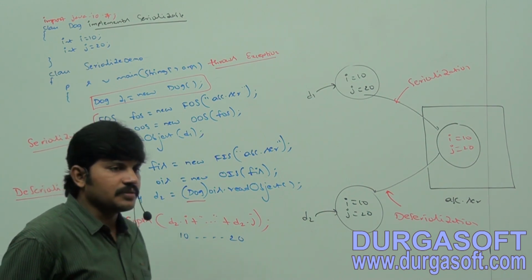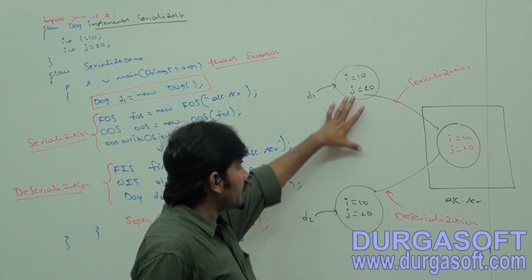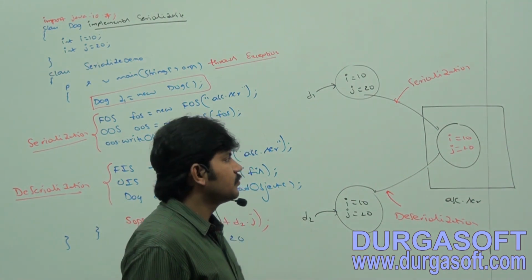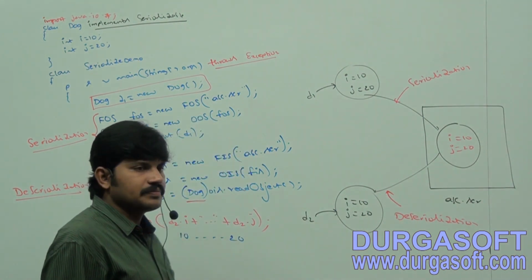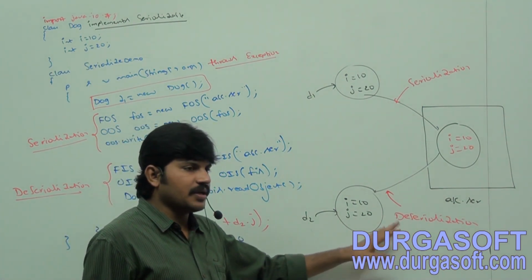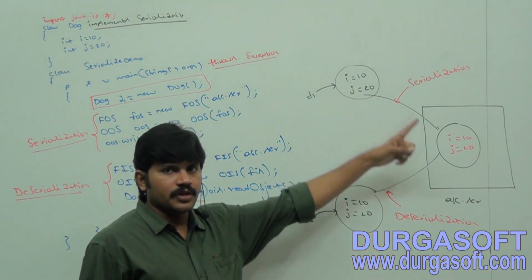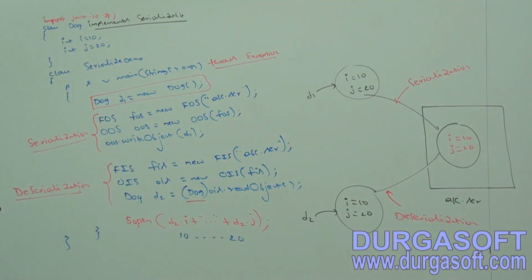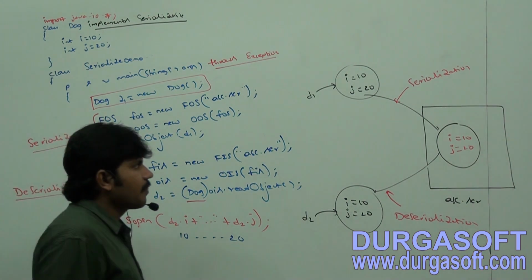Serialization, deserialization, and after that, take this diagram also, compulsory. For every program, you have to draw the diagram just beside what we are doing. Like i is equal to 10, j is equal to 20.